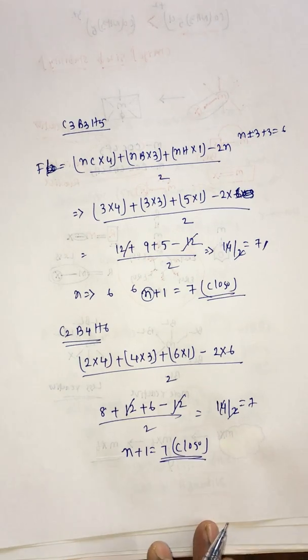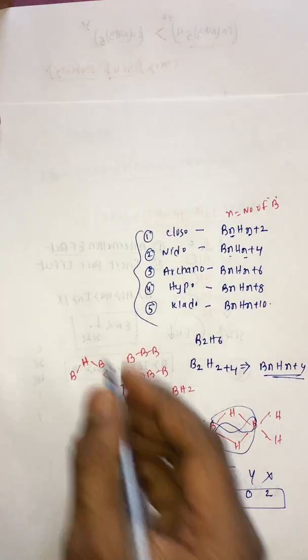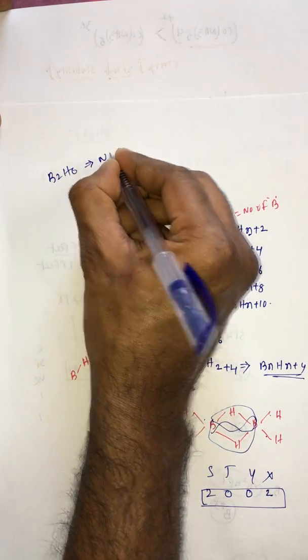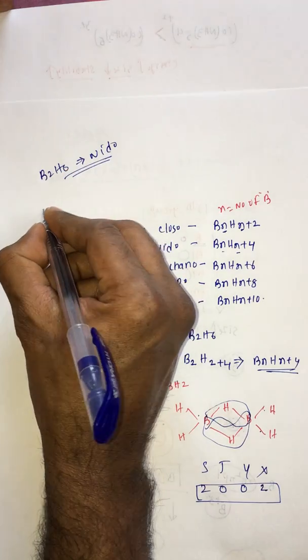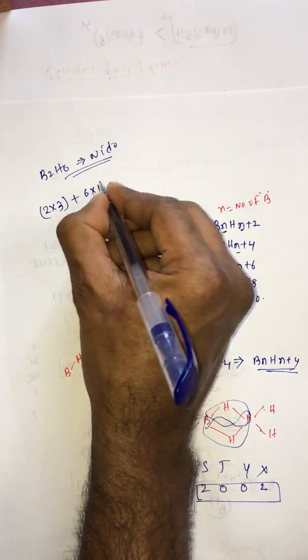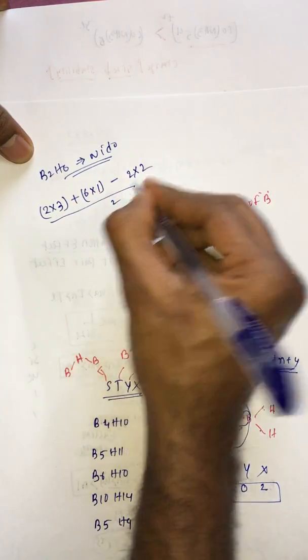So like this you have to calculate for the carboranes. For boranes we will follow this method also. Like we have B2H6. We know this comes under nido. We'll see: 2 into 3 plus 6 into 1 minus 2 into 2 by 2.